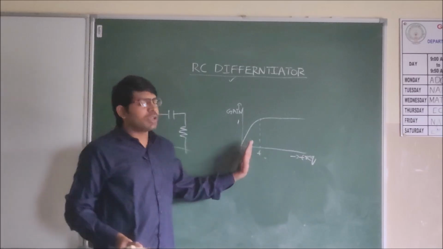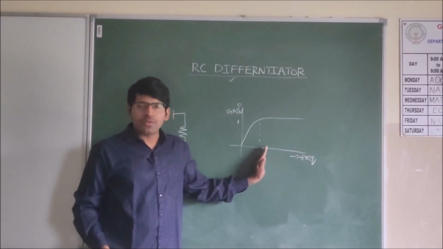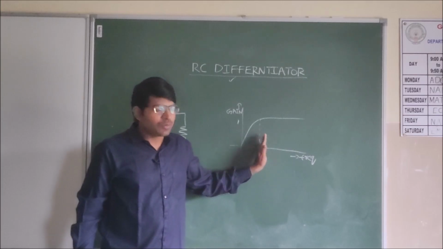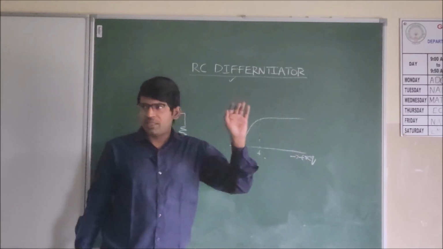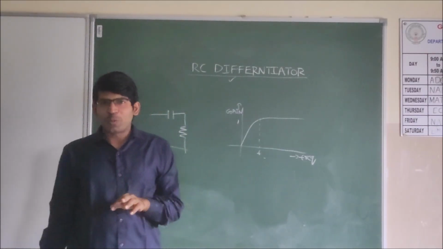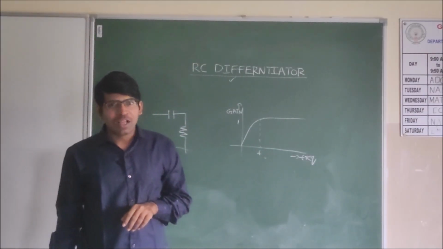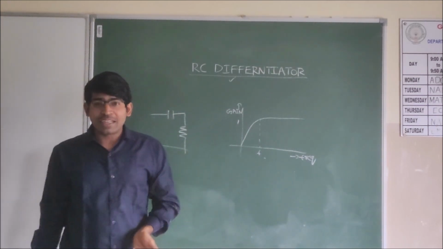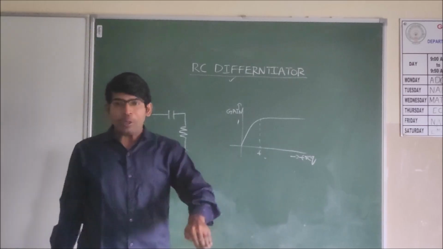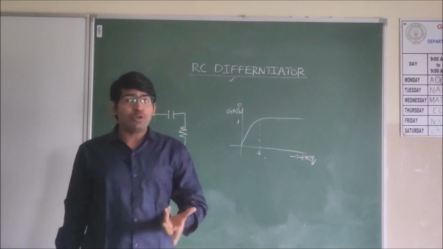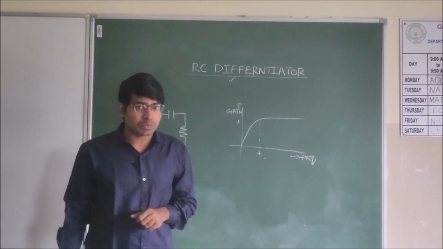This is the cutoff frequency. After a particular frequency f, that is what we are calling the cutoff frequency, this circuit will allow the input signal as it is, because the gain is 1, output by input. Before the cutoff frequency, if we are sending the signal, then the circuit is attenuating that signal. We are not getting whatever amplitude we have given as an input.